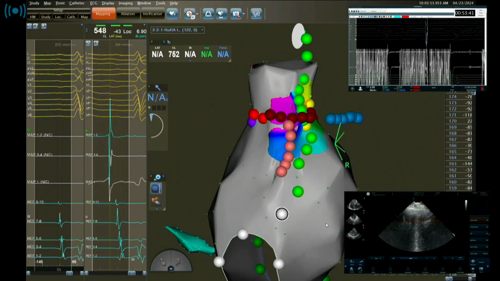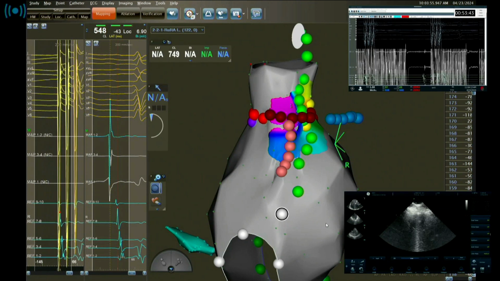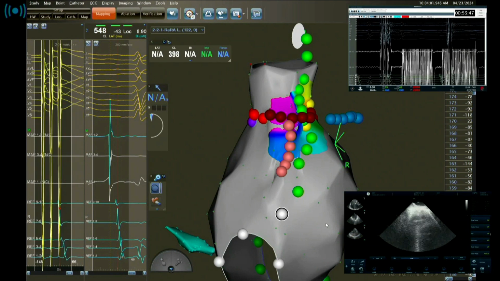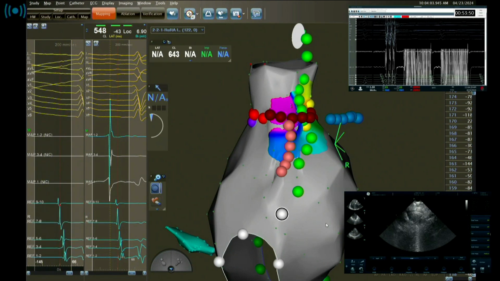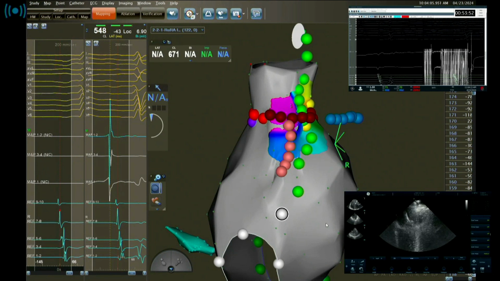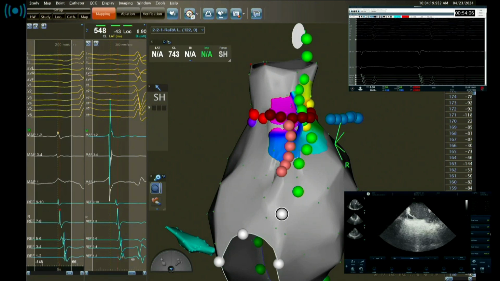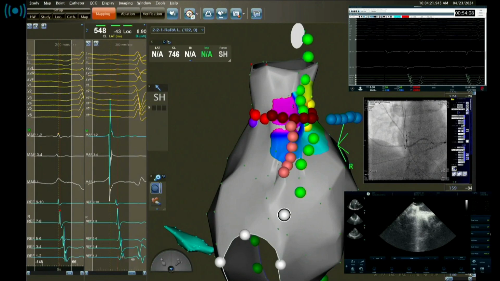And what else? When I saw this strong acute effect on the phrenic nerve when ablating the circle around the SVC, I decided we mapped the lower portion of the phrenic. You see some more phrenic tags along this line that we are currently creating, and probably we do only that one line, and I will not go more anterior, because nobody knows.